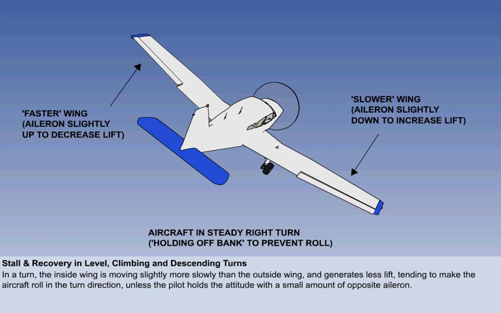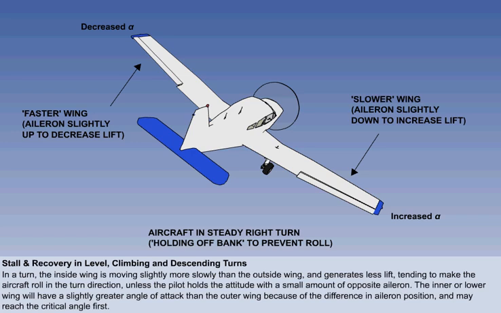If the pilot holds the required attitude and bank angle, he will actually be holding a small aileron deflection to oppose the roll, sometimes known as holding off bank. The deflection, although probably undetectable from control column position, is greater for low speeds than for high speeds. The inner or lower wing will have a slightly greater angle of attack than the outer wing because of the difference in aileron position, and may reach the critical angle first.